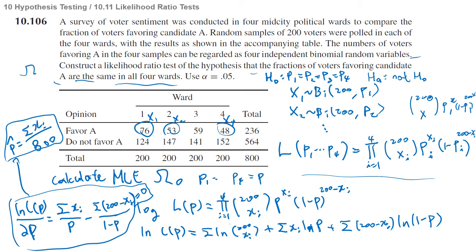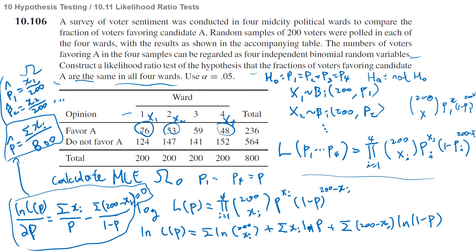under the full case, you can derive the maximum likelihood estimate: P1 hat is x1 over 200, and P2 hat is x2 over 200.